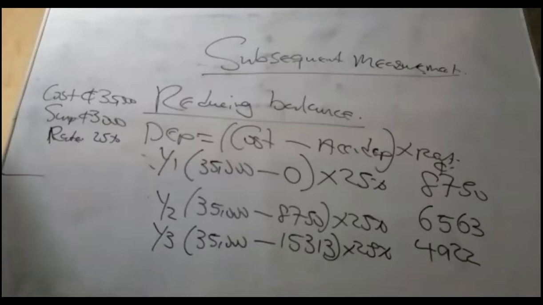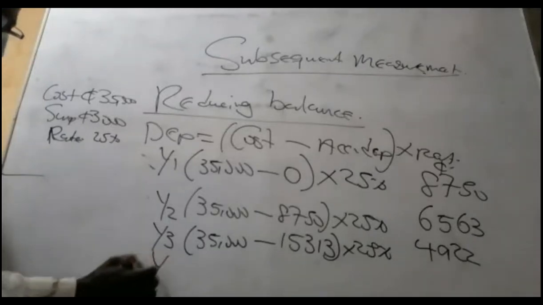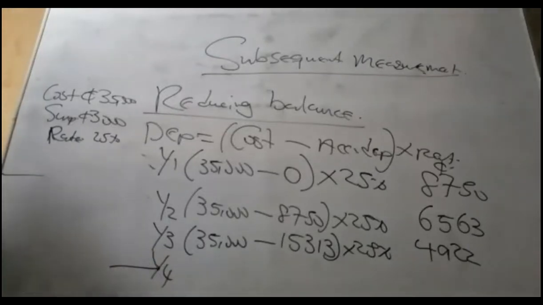Now when you go to the last year, if you are sure that it's the last year, relax. Don't worry yourself to do any computation. If year four happens to be the last year, have you seen that there's a scrap value of 3,000? You've not used it yet. It's the last year for the reducing balance method.